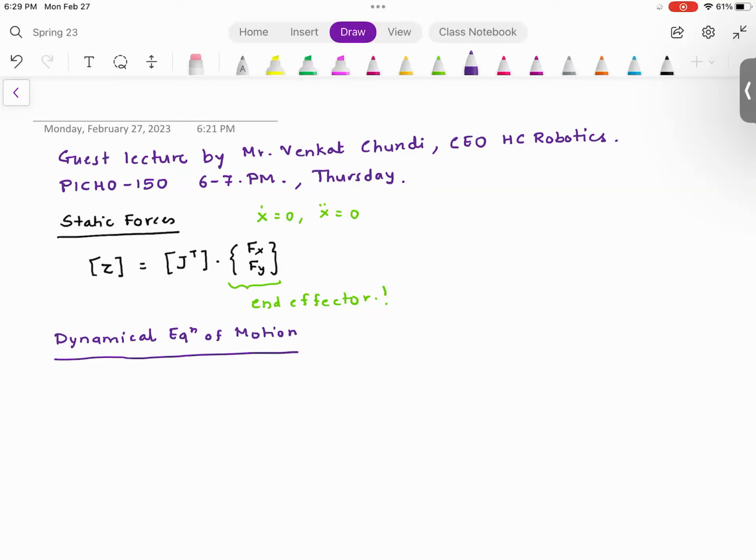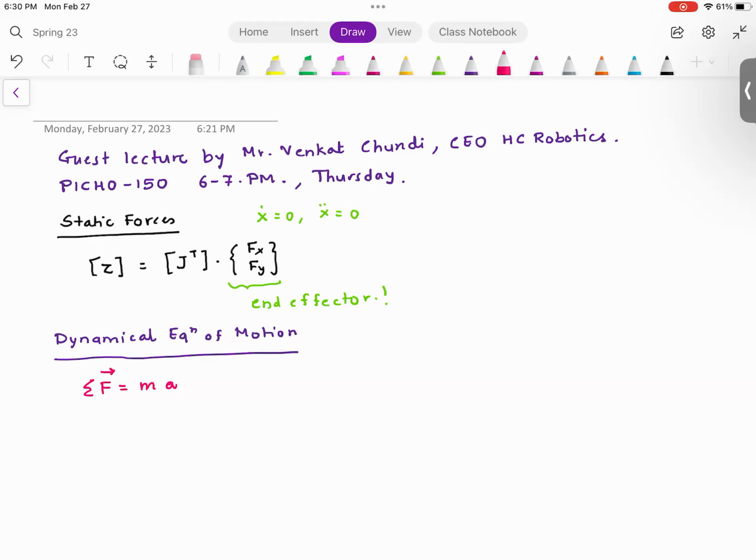Now I'm going to start with a very simple approach. The simplest approach to derive dynamical equations of motion is applying Newton's law. Remember Newton's law you studied in high school: summation of forces is equal to mass times acceleration.